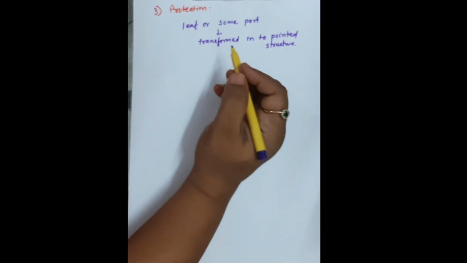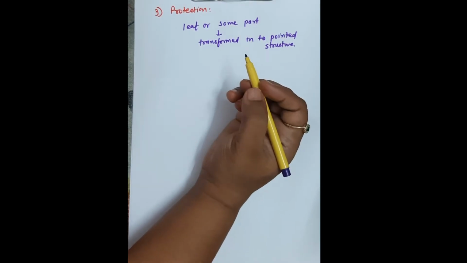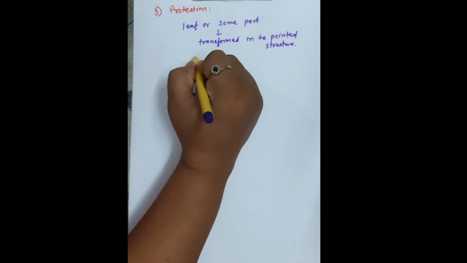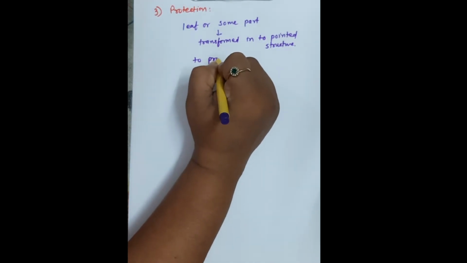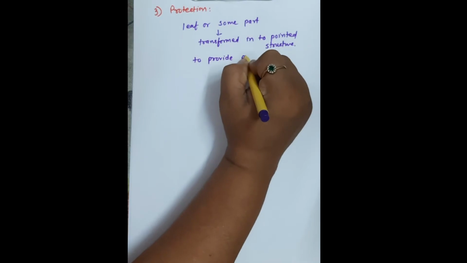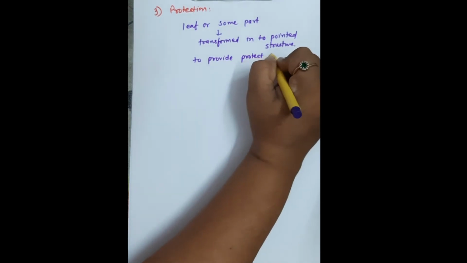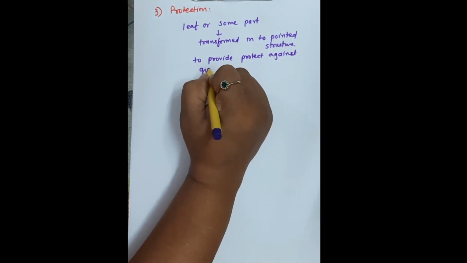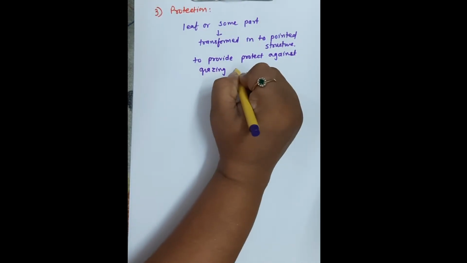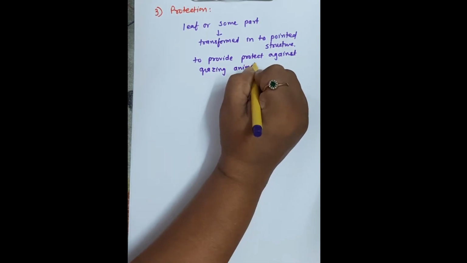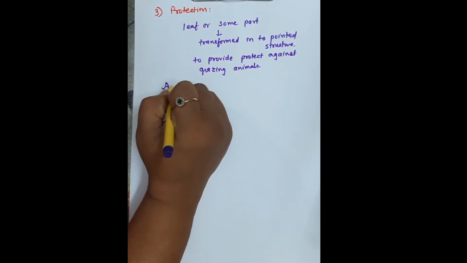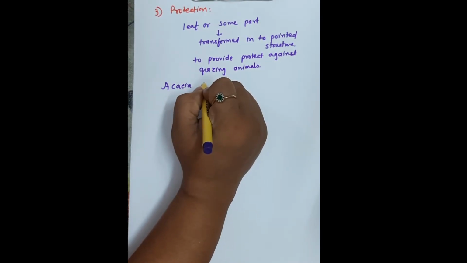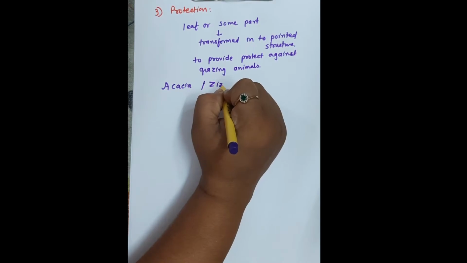So protection के लिए leaf या उसका कोई part pointed structure में transform होता है, right, to protect against grazing animals like acacia and ziziphus.